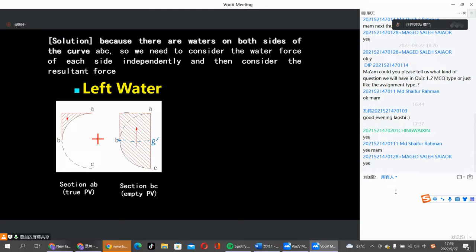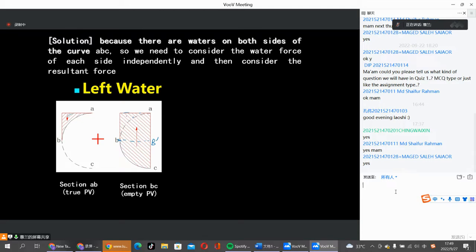Okay, so again, the shadow part. It's upward. It's an empty pressure volume because we don't have fluid above the curve BC. So it's upward, downward, upward, and then this section cancels out, right?